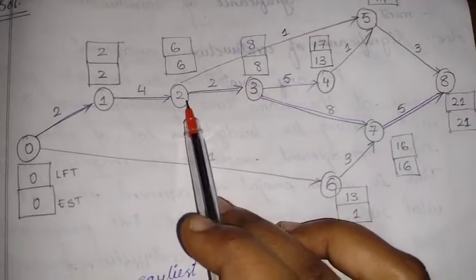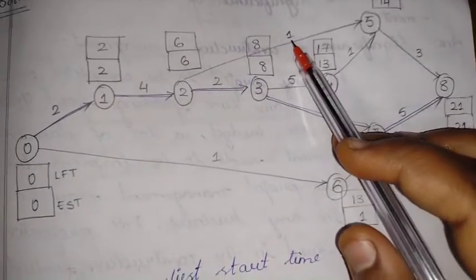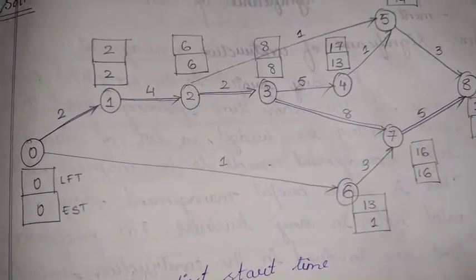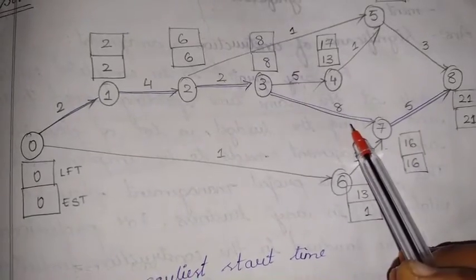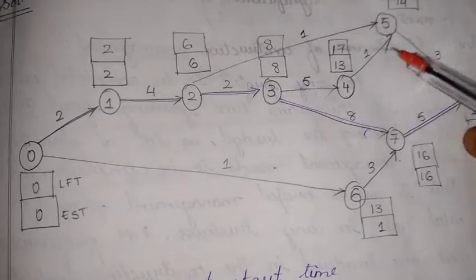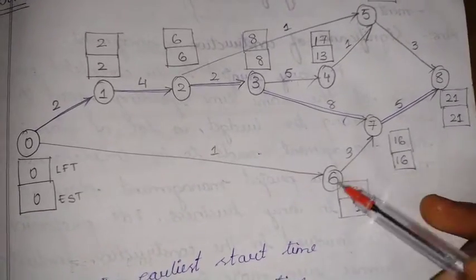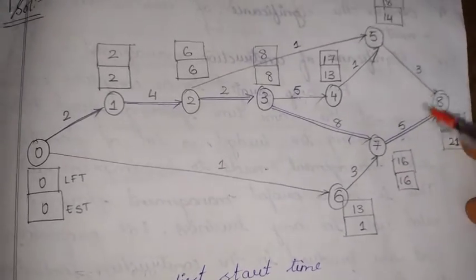From 2 we have 2 nodes, that is 3 and 5. Here the duration is 1, here the duration is 2. From 3 we again have 2 activities to complete, that is 3 to 4 and 3 to 7, 5 and 8. And again 4 to 5 we have 1. From 0 to 6 it is 1. 6 to 7 is 3 duration, 7 to 8 is 5 duration, and 5 to 8 is 3 duration.